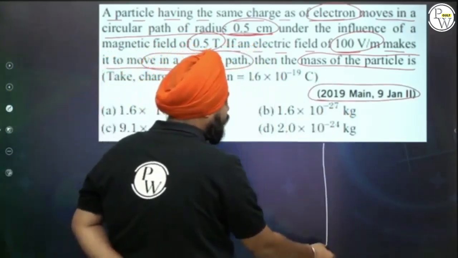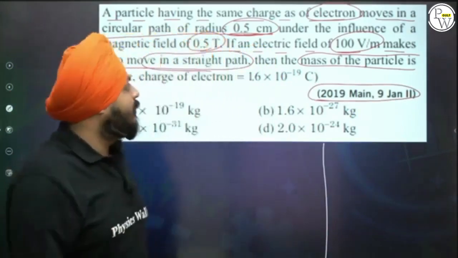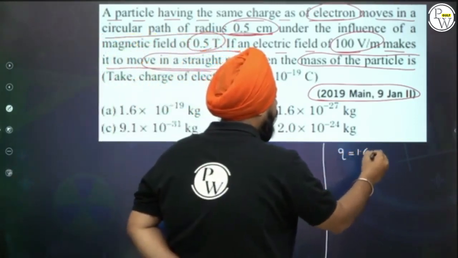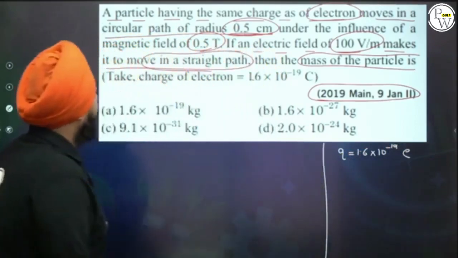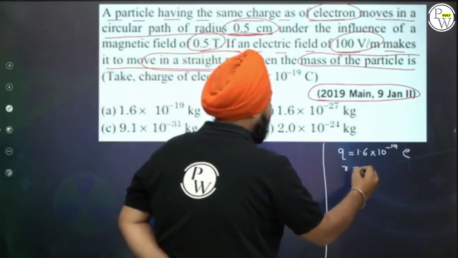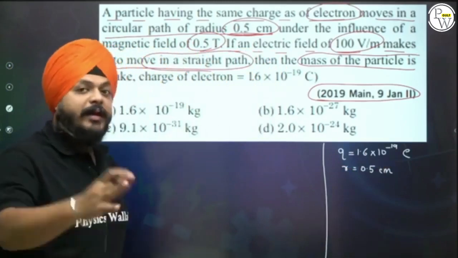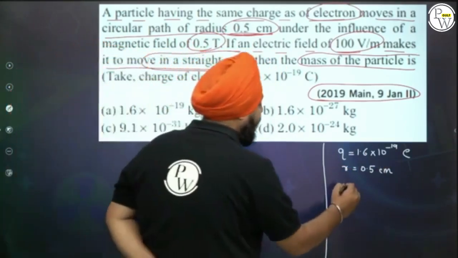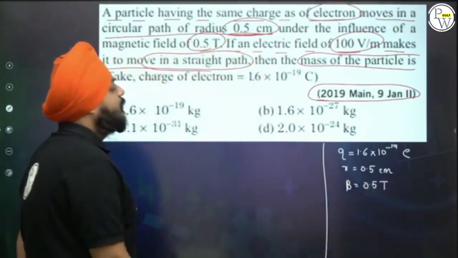In this type of question, first of all we have to determine the actual data given. The charge on the particle is the same as the electron, 1.6 × 10^-19 coulomb. The radius is 0.5 centimeter, under the influence of a magnetic field of 0.5 Tesla.